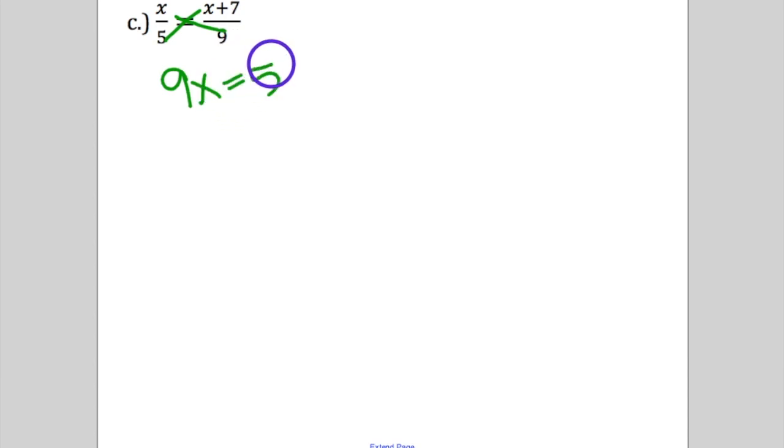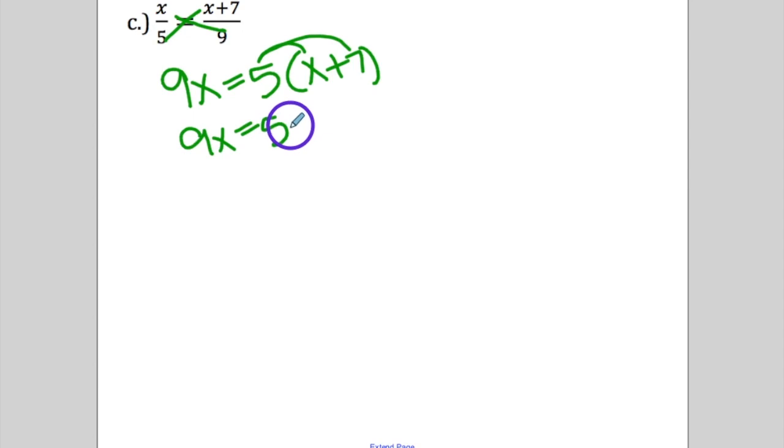Again, you're going to want to use parentheses to notate you need to take 5 times x and the positive 7. To solve this problem, we're going to distribute the 5 times x and the 5 times 7. So we're going to have 9x equals 5x plus 35.